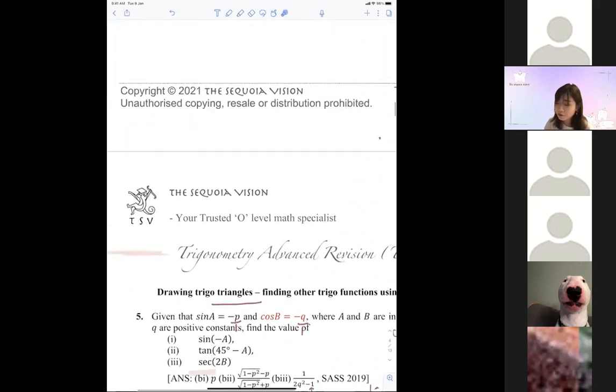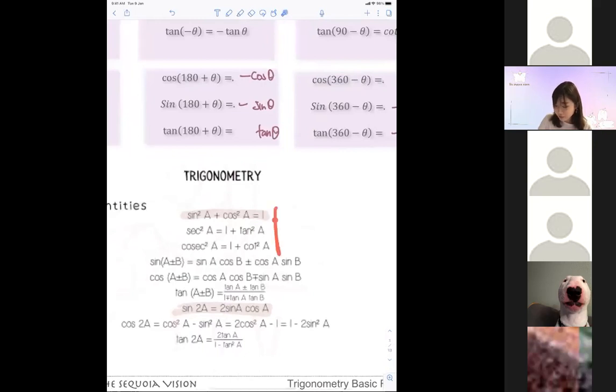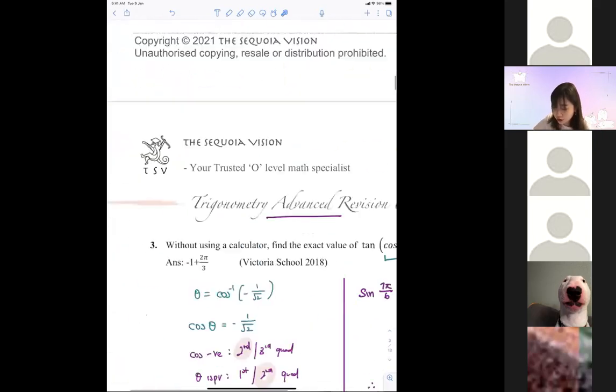So I'll give you a clue. Since you have secant square and tangent square, whenever you see a square and you want to change it, it will be the first 3 formulas in your formula sheet given here. So secant square is 1 plus tangent square. You just swap it. So secant square x is 1 plus tangent square x.